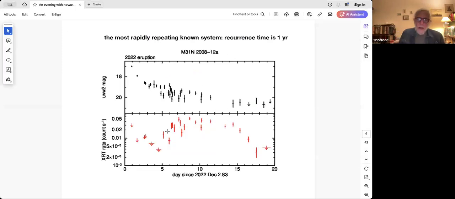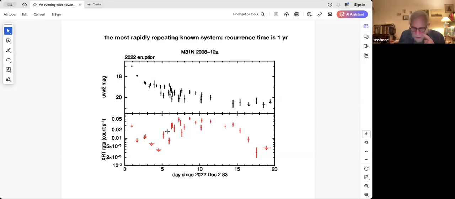So, in the fastest novae, this one holds the record. It's in Andromeda. 2008 12A has something deeply upsetting it because it explodes about once a year. Almost exactly once per year.